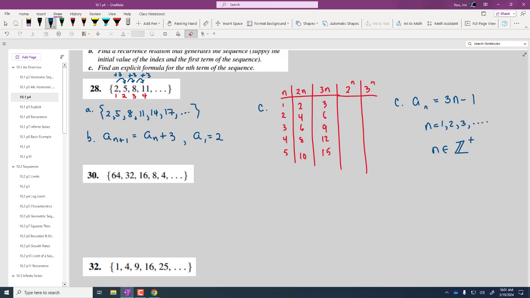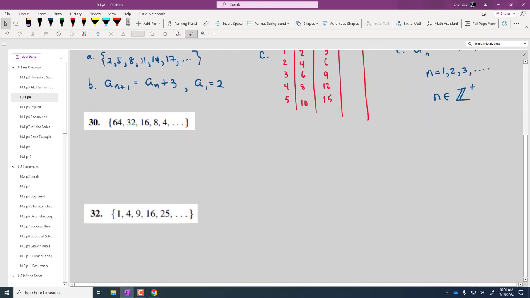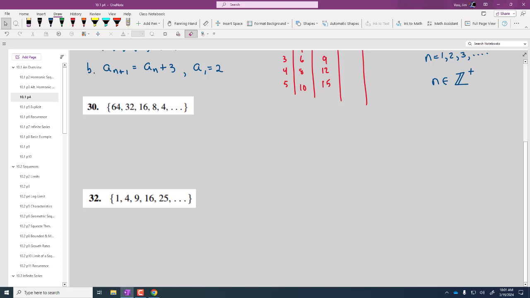Okay, so let's look at the next one. Same idea. First, we're going to look at the next two terms in this sequence. So we have, pretty obvious, what are the next two terms going to be? So we're doing repeated division by 2 or repeated multiplication by 1/2.